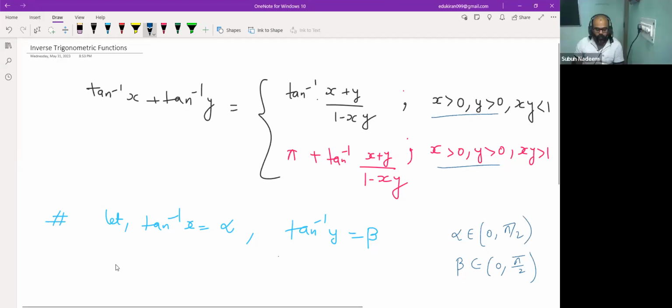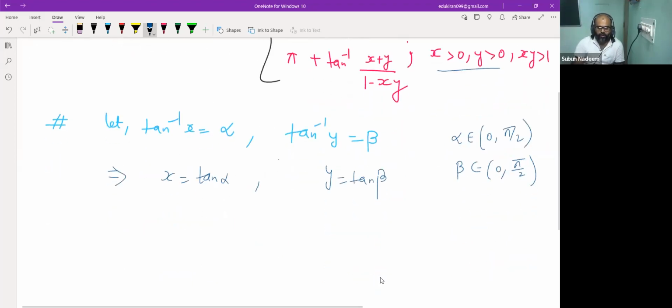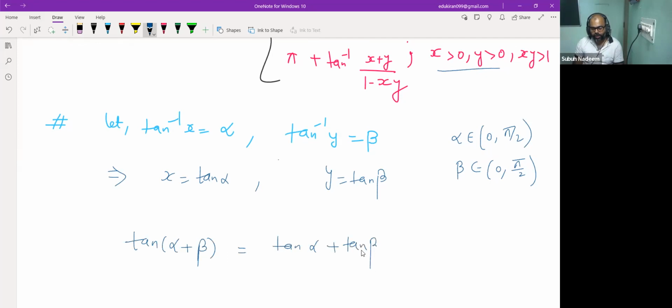Now what we can do, we can write x is equal to tan alpha, and y is equal to tan beta. Then we will apply a formula of trigonometry which we studied in class 11. Tan of (alpha plus beta) is equal to (tan alpha plus tan beta) by (1 minus tan alpha into tan beta). Tan alpha is x, tan beta is y.